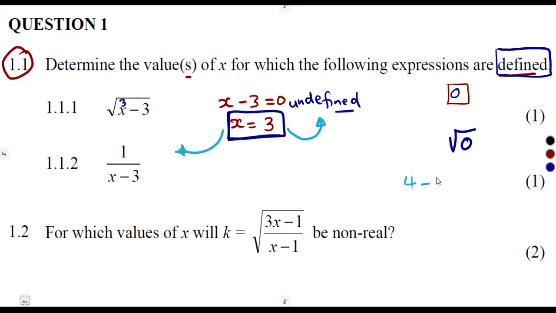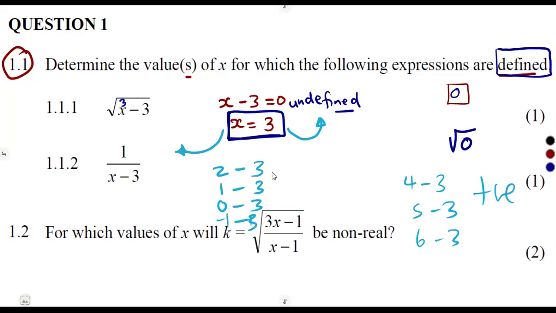It's 4 minus 3, 5 minus 3, 6 minus 3. It is increasing. So we are going to have positive values. But as this value decreases, we have got 2, we've got 1, we've got 0, we've got minus. As it is decreasing, we subtract 2 minus 3, 1 minus 3, 0 minus 3, minus 1 minus 3. We are going to be getting negative values, -1, -2, -3. So we are comparing with that.